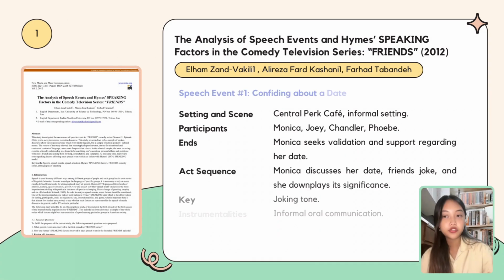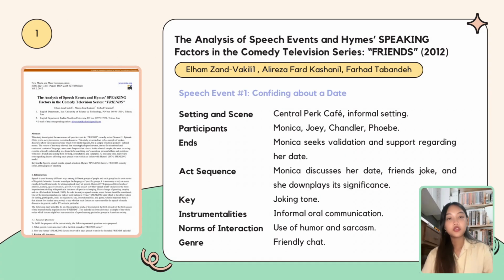Okay, now we're moving on to article reviews. The first article that I chose was called The Analysis of Speech Events and Speaking Factors in the Comedy Television Series Friends. Everybody should know what Friends is because it's really popular. They're analyzing some conversations that happened during the series.